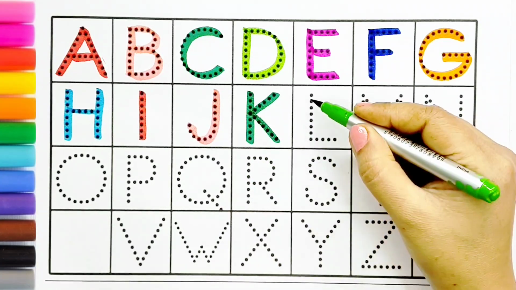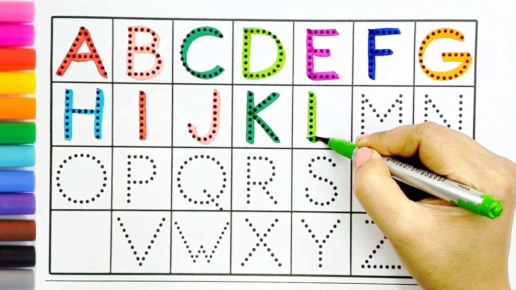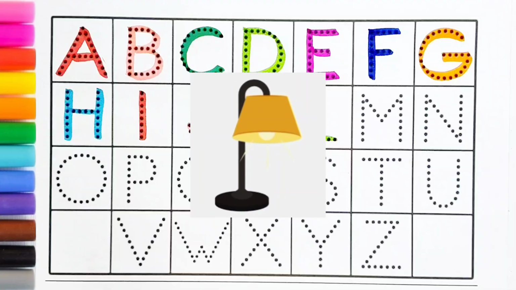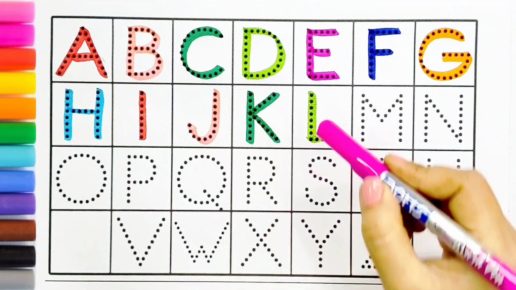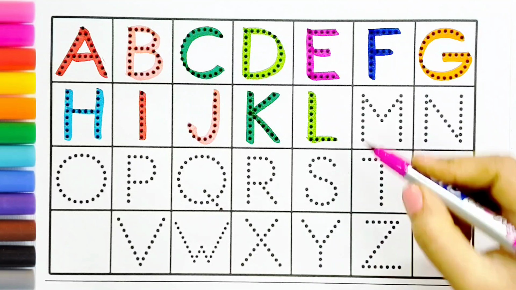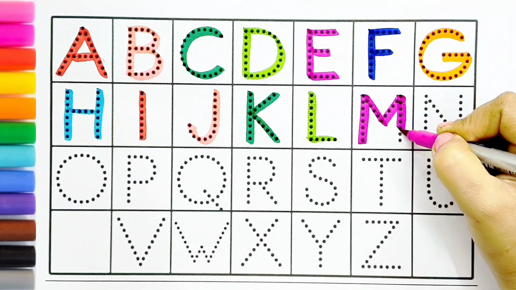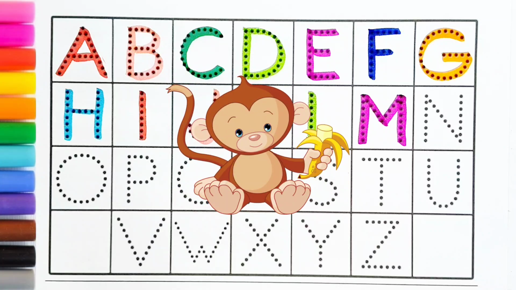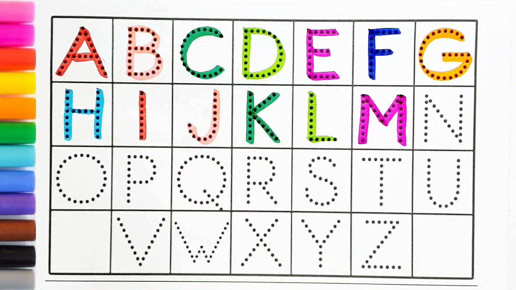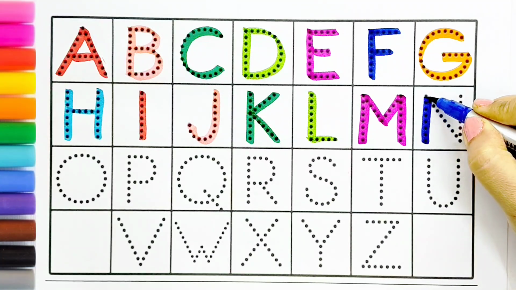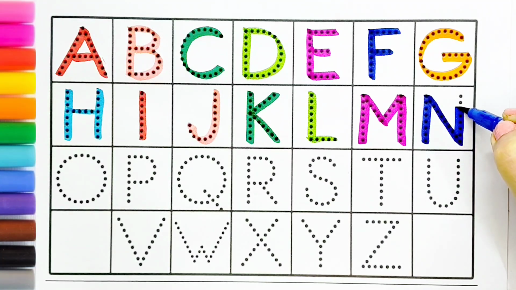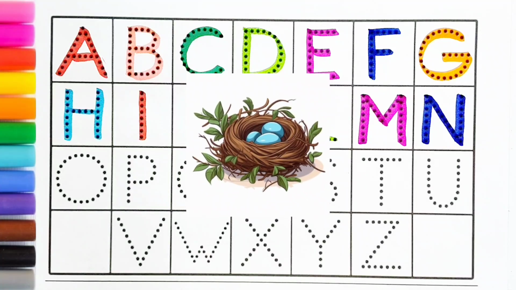Light green color. L. L for lamp. L for lamp. Pink color. M. M for monkey. M for monkey. Blue color. N. N for nest.